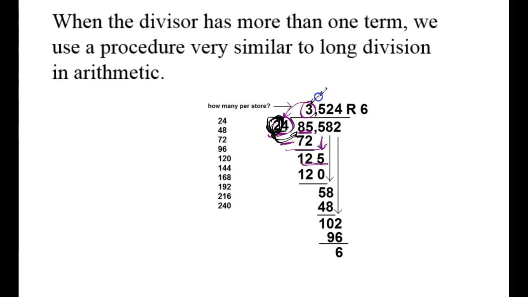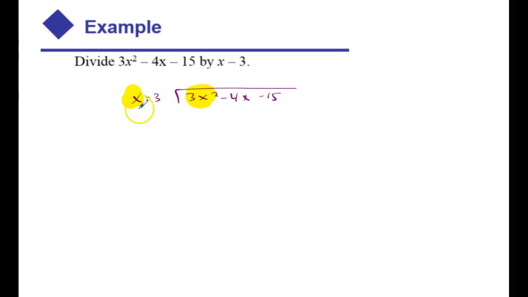Well, it goes 4 times, and 4 doesn't work, but something close to it, like a 3 did. So we'll do the same thing. X times what value gives me 3x squared? So it's really x times what goes in the box to give you 3x squared. And if you wanted to, we could just divide through by x to solve for the box. Well, the box is going to be an x term, and it goes up here.